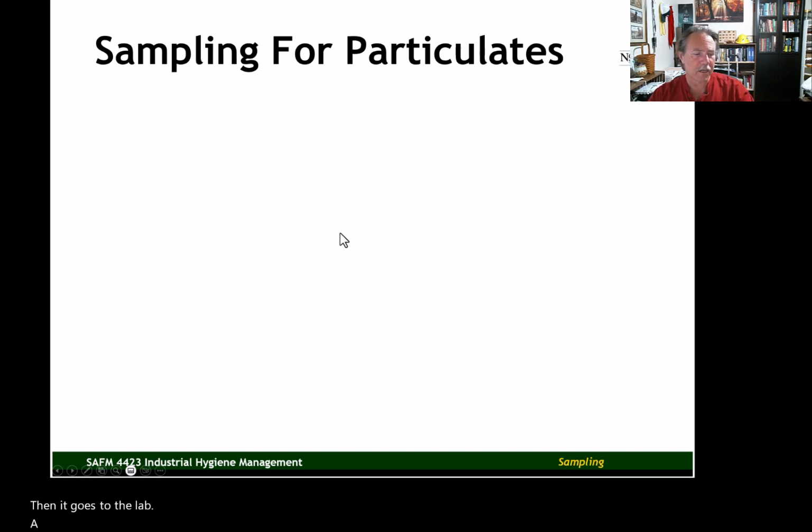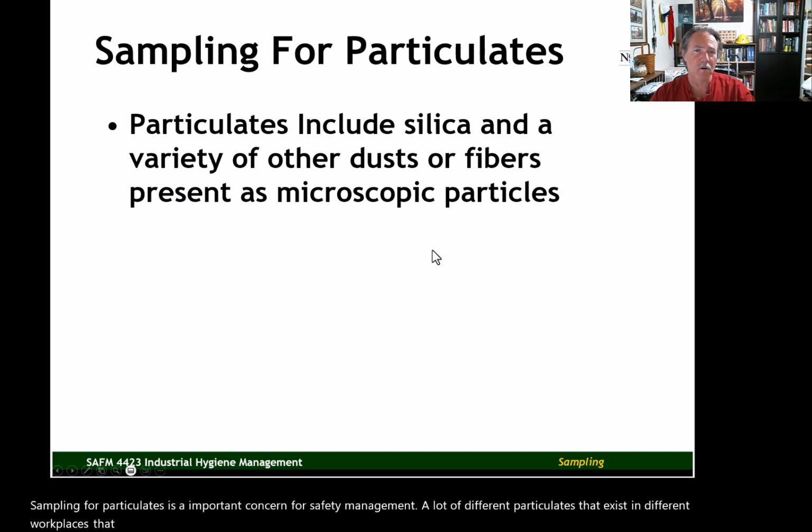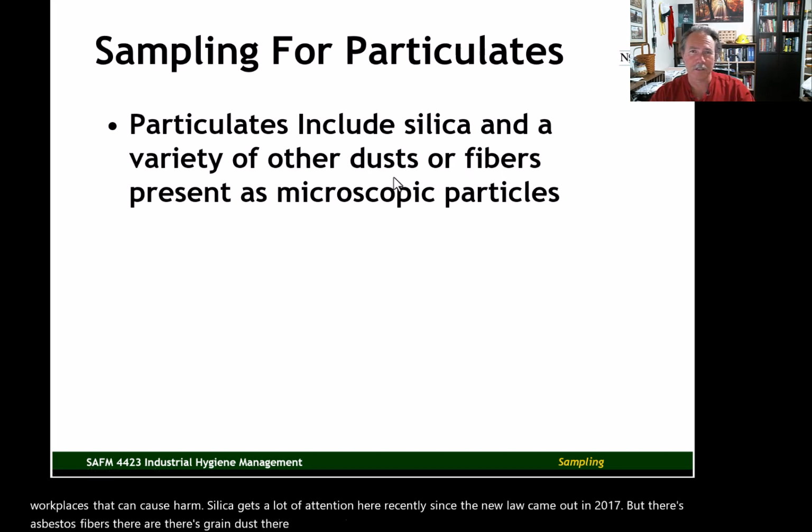Sampling for particulates is an important concern for safety management. There are a lot of different particulates that exist in different workplaces that can cause harm. Silica gets a lot of attention recently since the new law came out in 2017, but there's asbestos fibers, there's grain dust, there are a lot of different particulates.